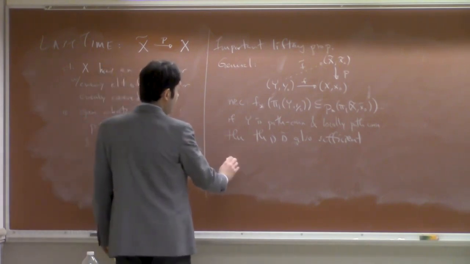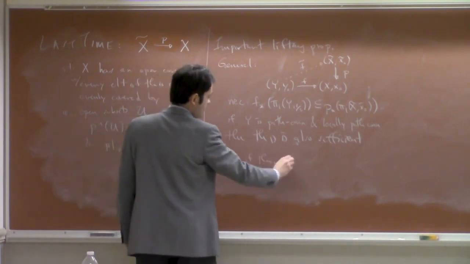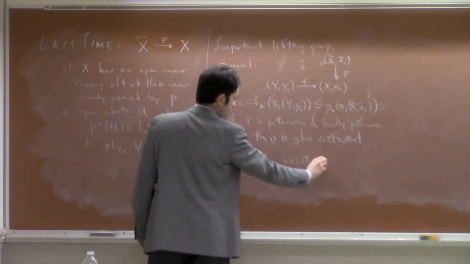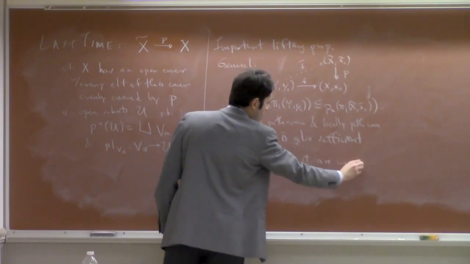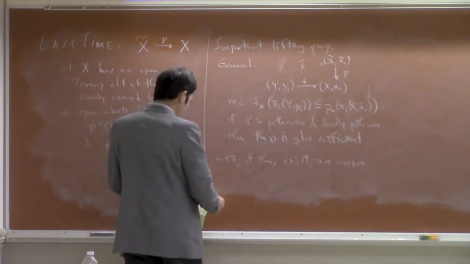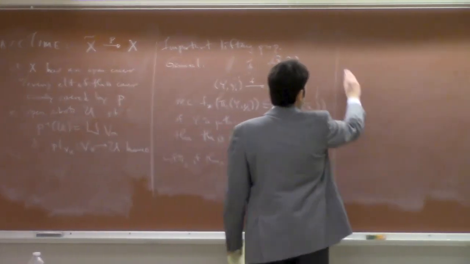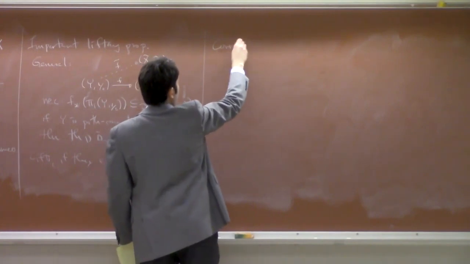We saw that lifts, if they exist, are unique. And we also saw that covering spaces are related to cosets.